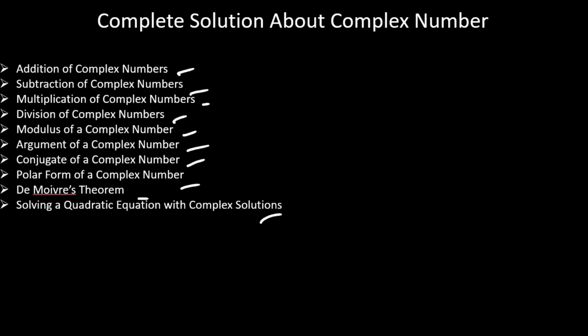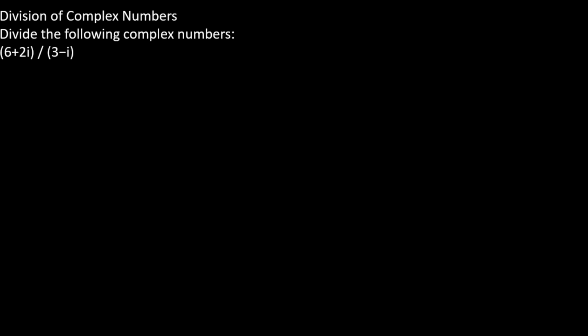So let's go for another problem, division. How can we divide two complex numbers? Here 6 plus 2i divided by 3 minus i. We will solve this way. 3 minus i is the denominator of this expression. So we multiply both the numerator and denominator with 3 plus i.